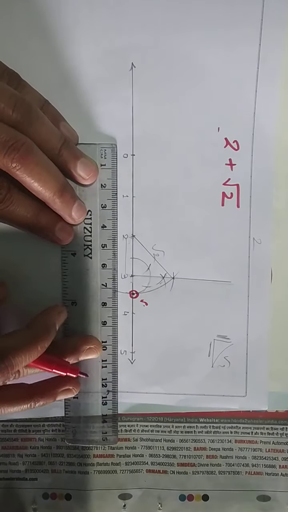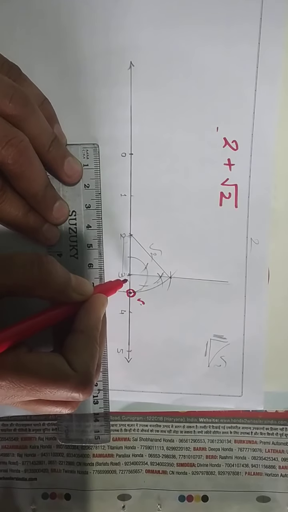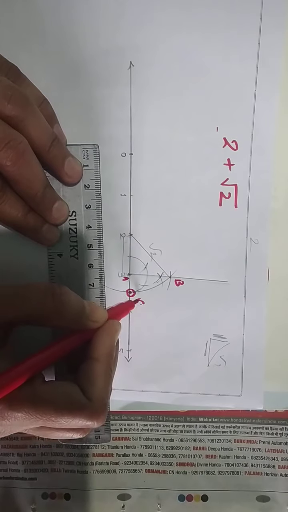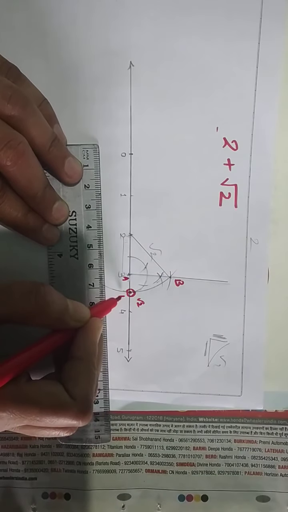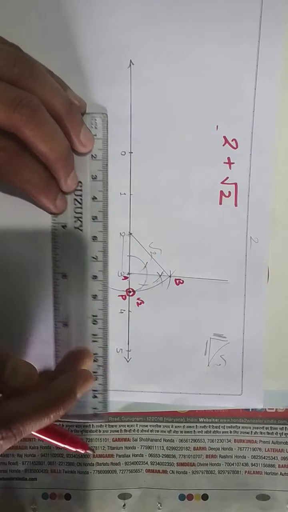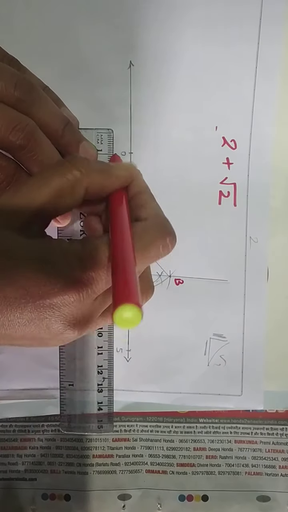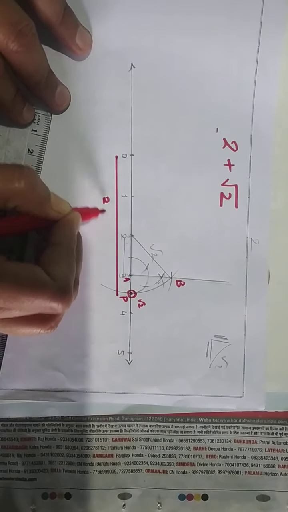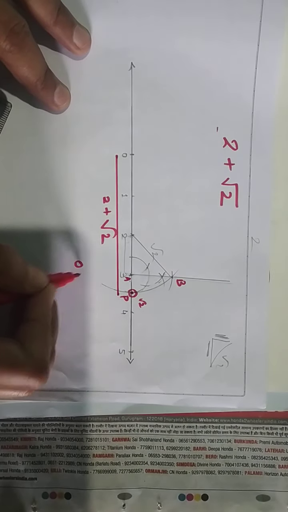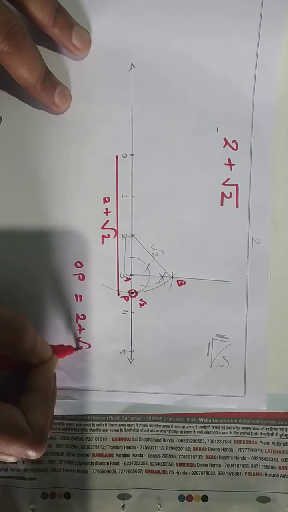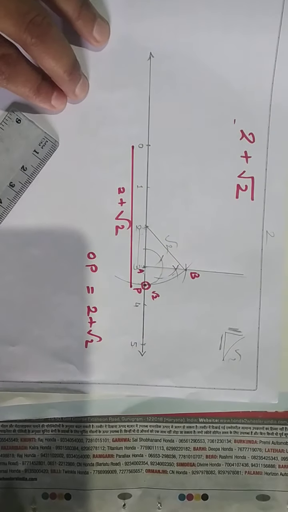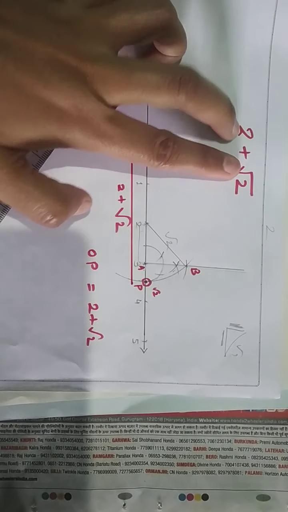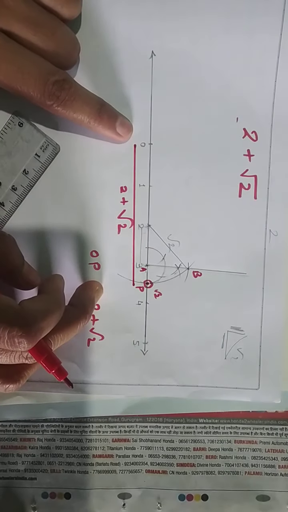Suppose this point is A, this point is B, and where this arc of under root 2 lands, this point is P. So OP is equal to 2 plus under root 2. Got it? With the whole number and irrational number, the combination of these two we have drawn on the number line.